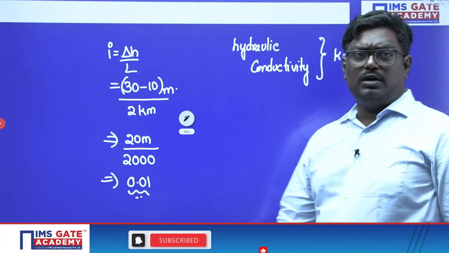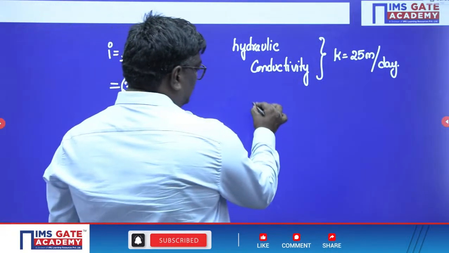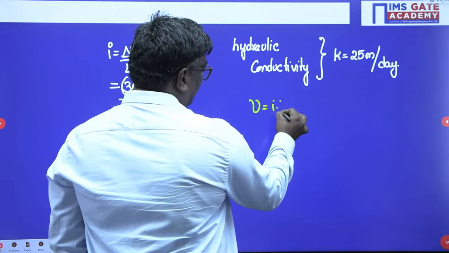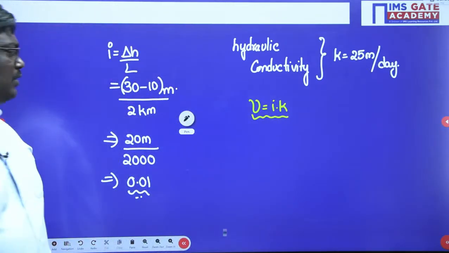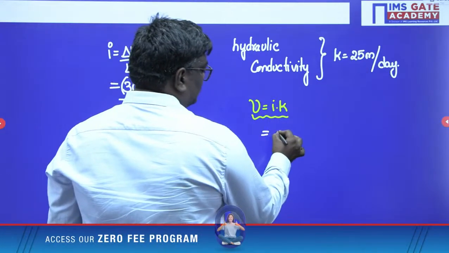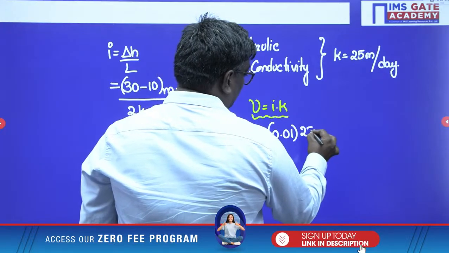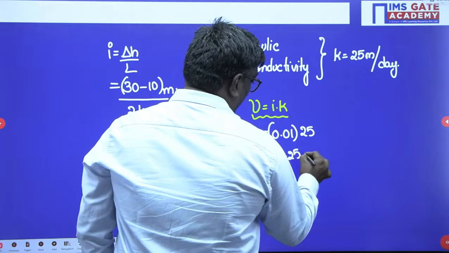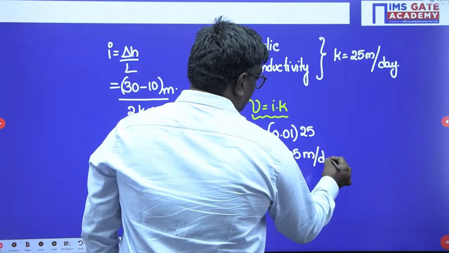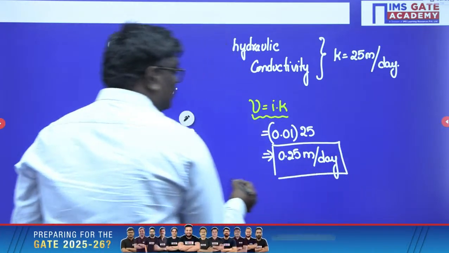Now you know velocity is equal to I into K. So this will be 0.01 as I and K is 25. So velocity is equal to 0.25 meter per day.